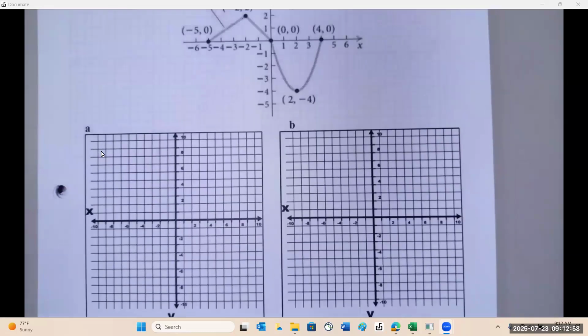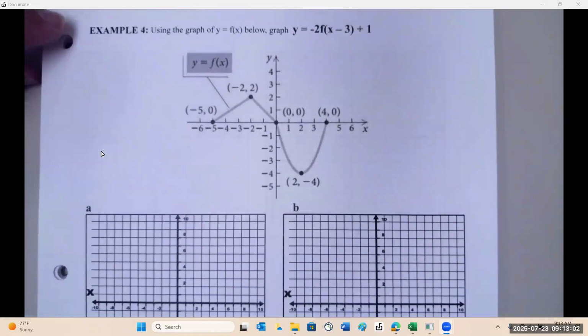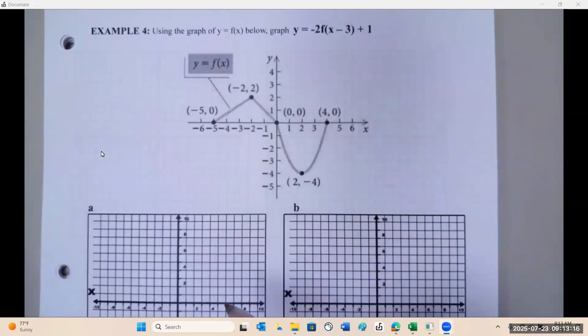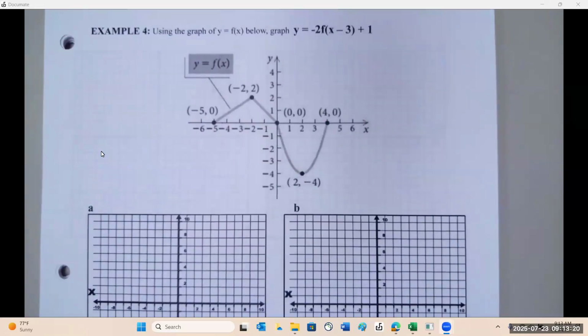Let's look at example 4. This is how you'd see it in a textbook or on a test or a homework. It gives you the function. What's the first thing we have to do here?